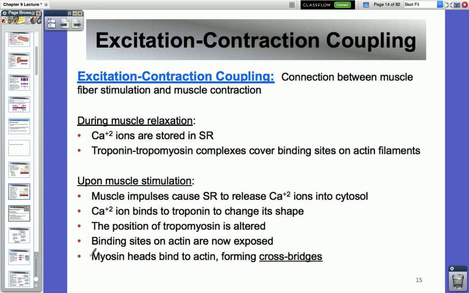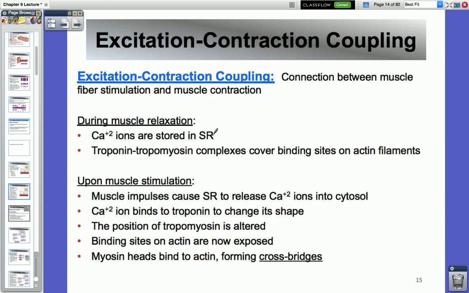So, starting from the top, we have to have, again, that muscle fiber and that nerve cell that are going to interact with each other. And I said that if calcium was not released, then we would not have muscle contraction. So if calcium stayed in the SR, that means that the muscles would not contract.